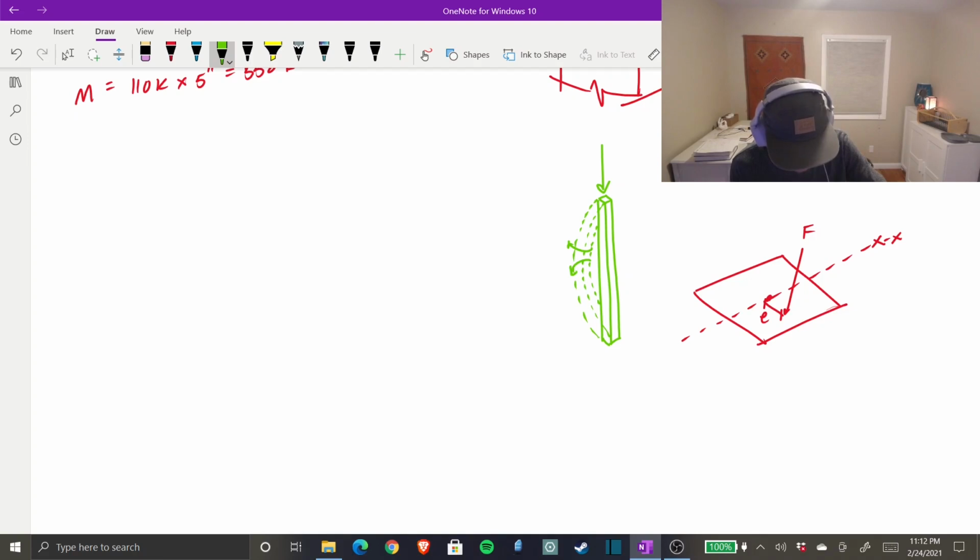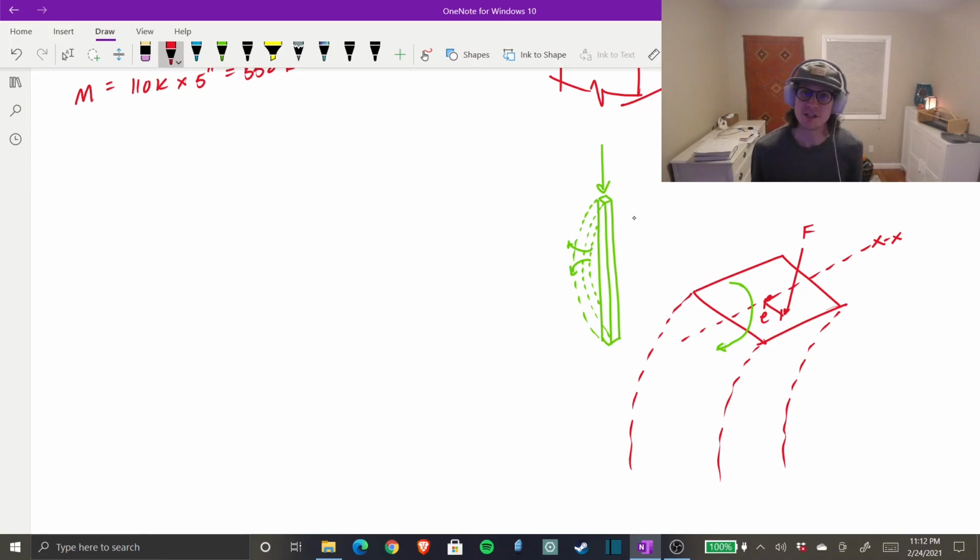That means we're going to get, in green, a moment that is rotating about that axis. And when that's happening, you're getting rotation, which means you're going to get deformation of the column, very slightly, but just like that shape, which we talked about with the pool noodle above, okay?